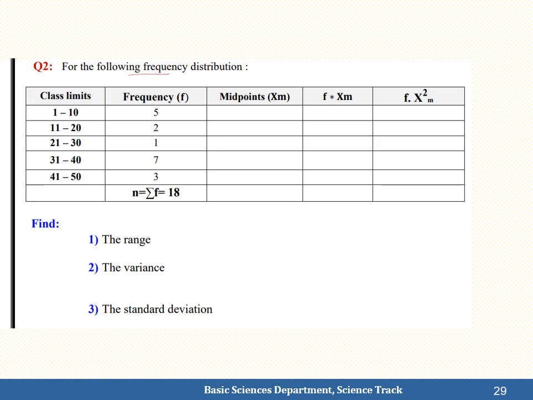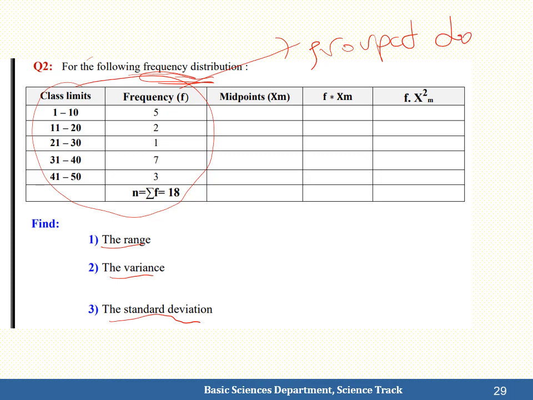For the following frequency distribution, find the range, the variance, and the standard deviation. Now the frequency distribution says here it's grouped data because of the class limits here. The class limits are given, and then we have to use the formulas for the grouped data. Now, the first thing is the range.